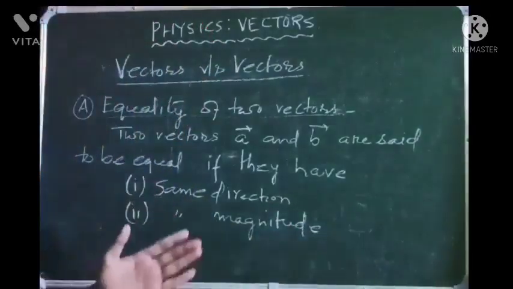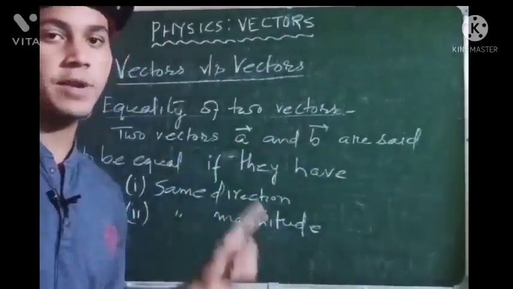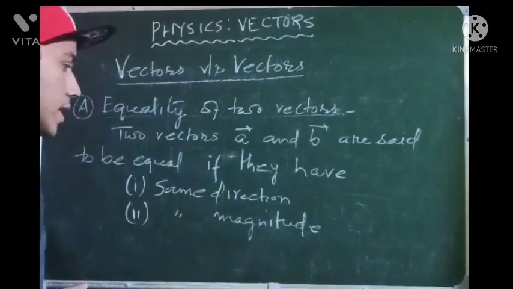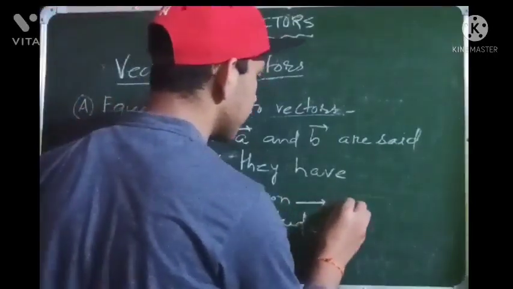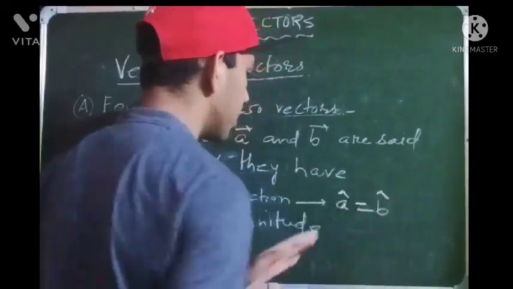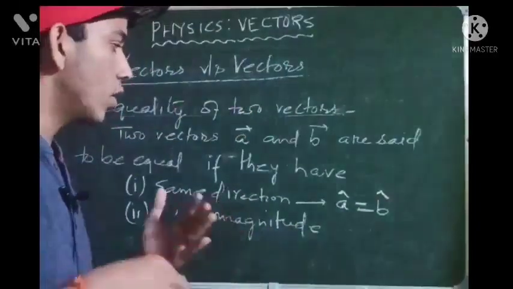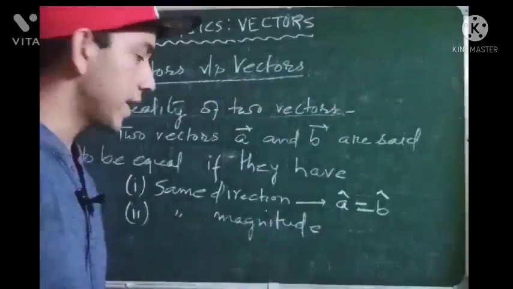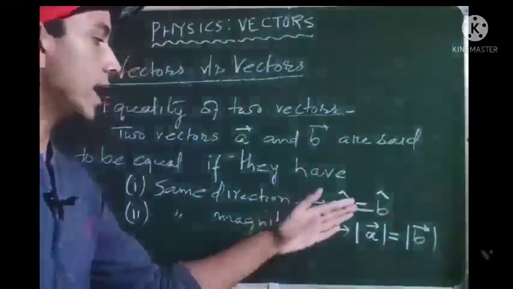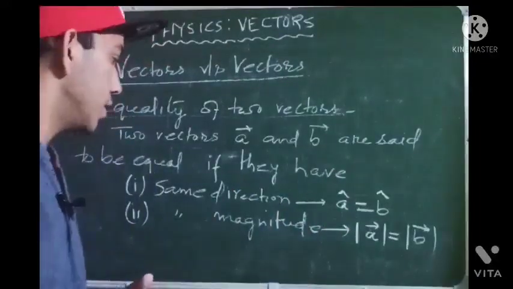Then and only then we can say that both these vectors are equal. Their magnitudes should be same and their directions should also be same. That means same direction can be represented as a cap should be equal to b cap, because these are directions along the direction of the original vectors. So both their magnitudes should be equal and both their directions should be equal.